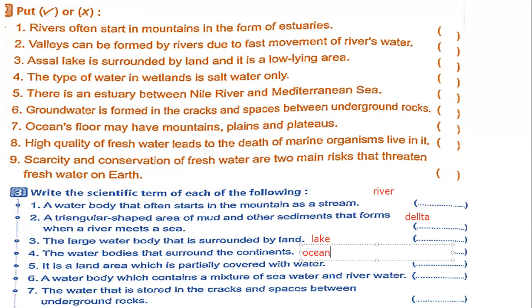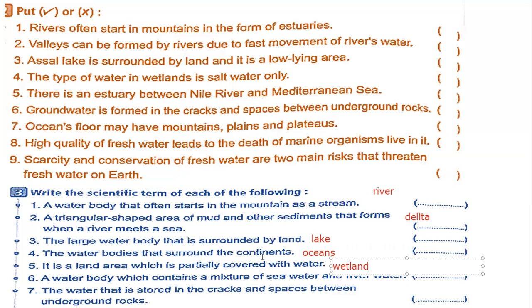So oceans surround continents. So it is a land area which is partially covered with water. So it is wetland. So remember the keyword, please. Partially covered with water, wetland.